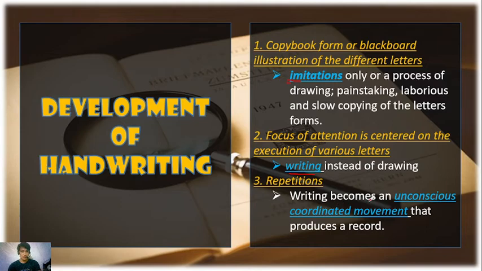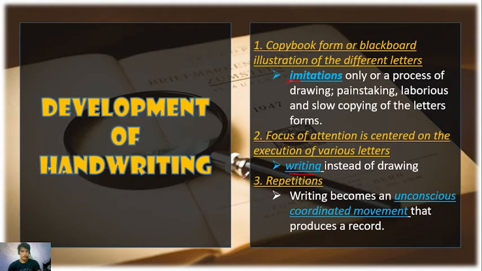They say that with repetitions we are able to write with unconscious coordinated movement, or we can write even though we are not thinking on how we are going to start. It is called unconscious coordinated movement.